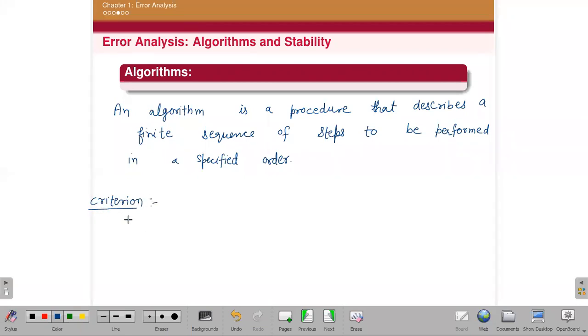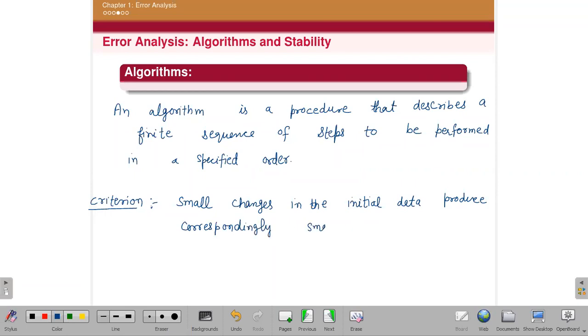So this is the criteria: if you are taking small changes in the input, or I am taking initial data, that produces correspondingly small changes in the final data.